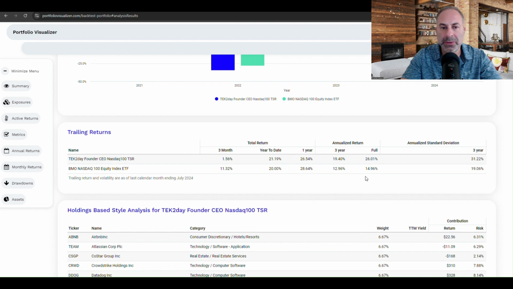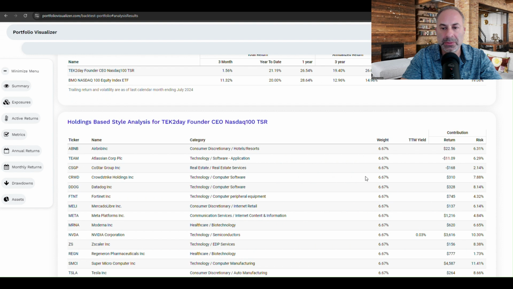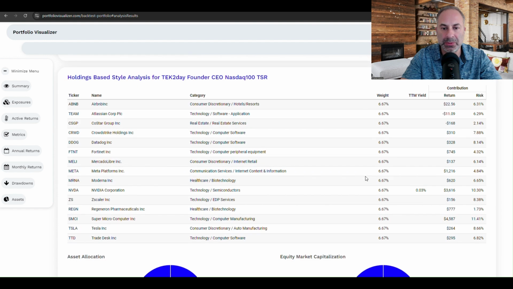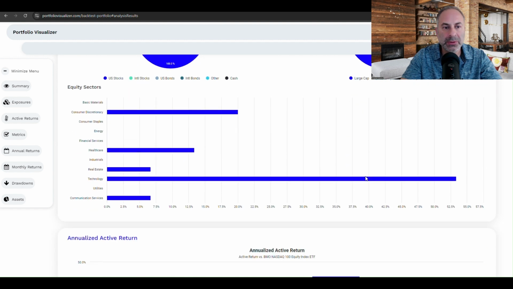And then here's sort of the company contribution to the portfolio returns. And again, it's just equal weight of the portfolio. And there is the sector. Mostly tech, as you would expect, given that they are NASDAQ components.